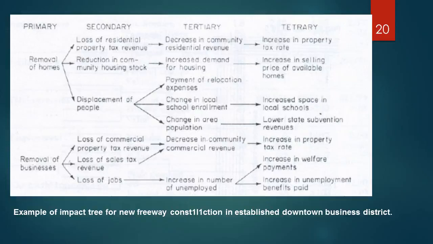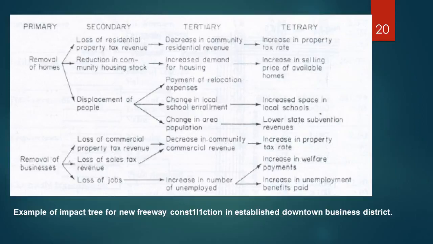The primary impact: removal of homes, removal of businesses, which have the secondary impact, and then tertiary, and so on. The removal of houses is the primary impact, and the secondary impacts are loss of residential property tax revenue, reduction in community housing stocks, and displacement of the people.